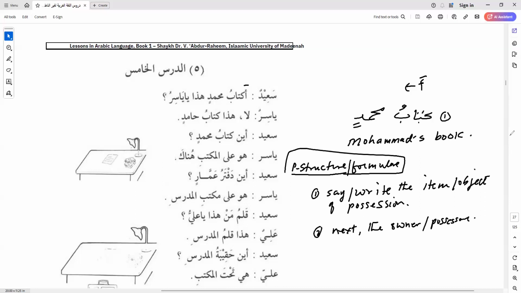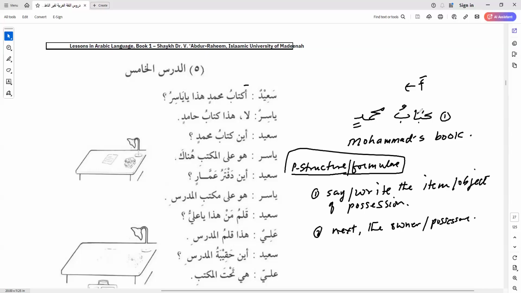And that is how you form possession. But in English, we use apostrophe S. That is the standard. And then we have some special structures. But in Arabic, that's the beginning of a possession. Even though this statement can also denote some other meanings, that is not what we are looking at right now.